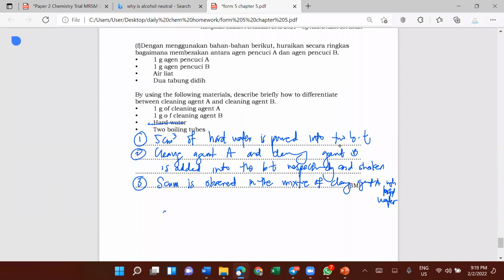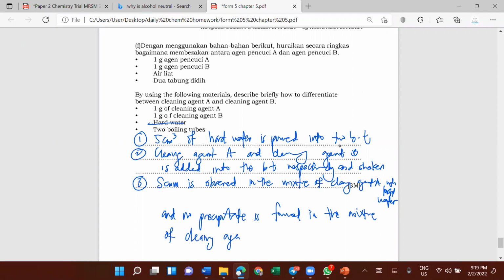And no precipitate is formed in the mixture of cleaning agent B with hot water. As I said, I'm just giving you 2 ways of writing a sentence for this kind of questions.